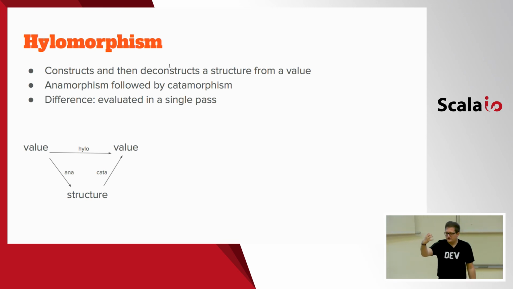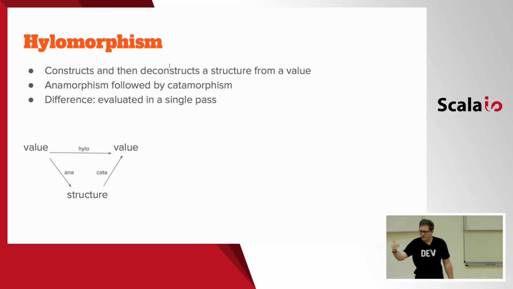It will just create a structure. At some point, it will have this stop argument within the algorithm. It will stop, and it will give you the structure back. So you have a single pass here. Now you will have catamorphism that will take that structure, go through it to the leaves, and then go back and give you a final value back. So now you have two passes, right?